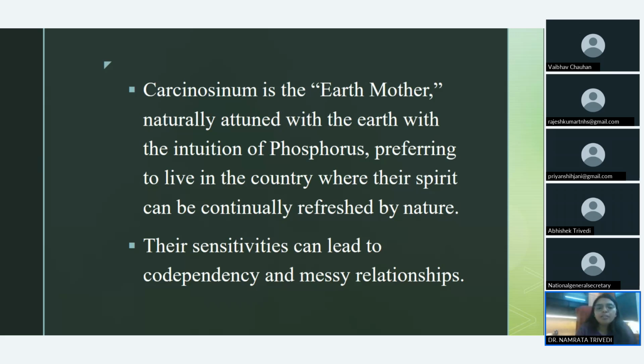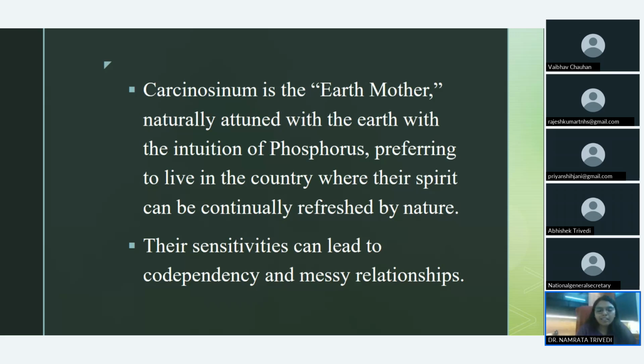Carcinosin is the earth mother, naturally attuned with the earth like Phosphorus. He also likes nature, likes mountains, a place with loads of nature and no artificial things, like Phosphorus.